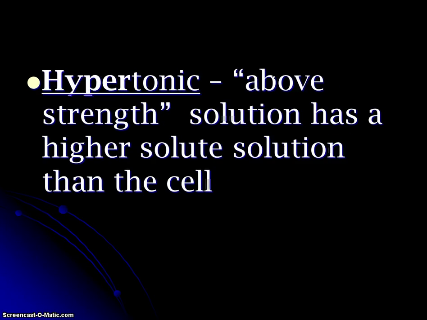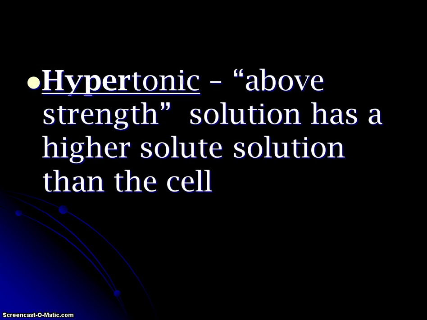Now, you can get a state where there are more molecules in a water solution located outside the cell than inside the cell. For example, if you remember the pictures we looked at in the last video, those colored molecules and how they can move across the cell membrane.